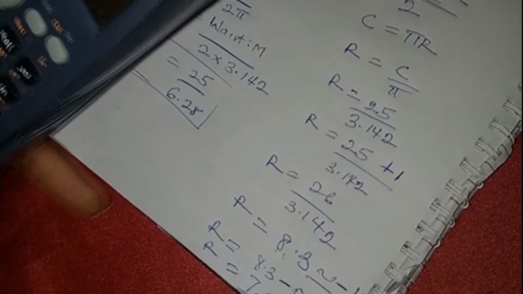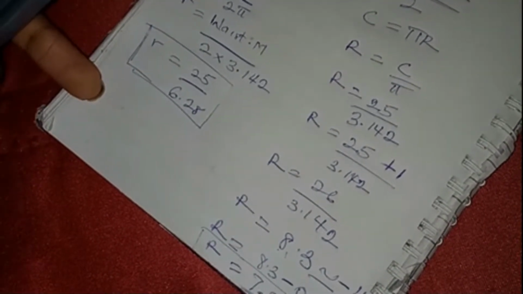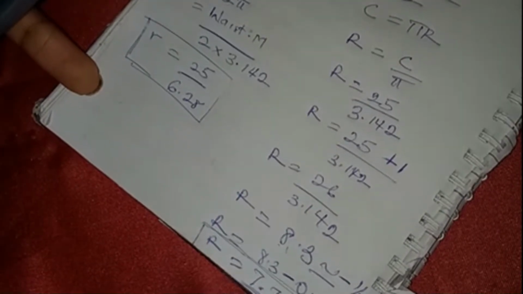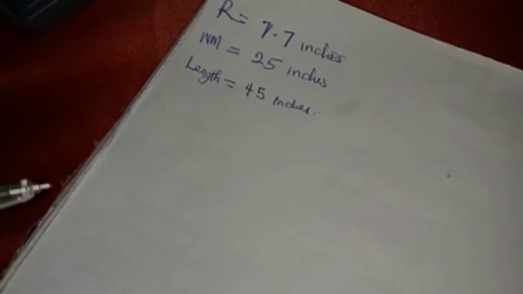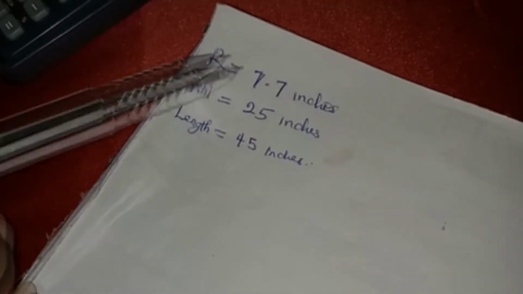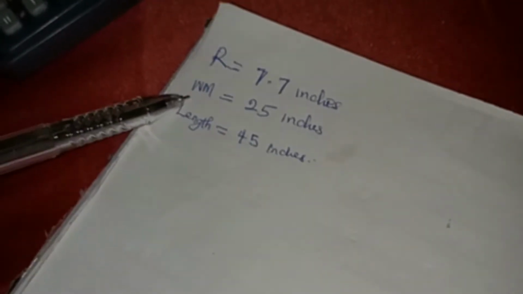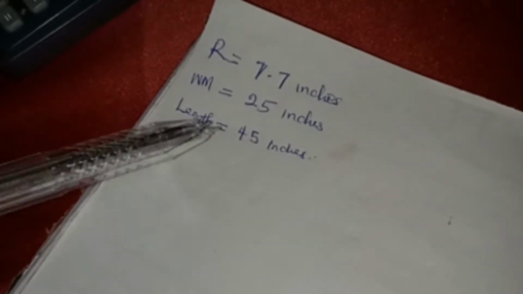So this is the radius we'll be working with. Okay, now the next stage is this. The radius is 7.7 inches, waist measurement is 25 inches, length is 45 inches.